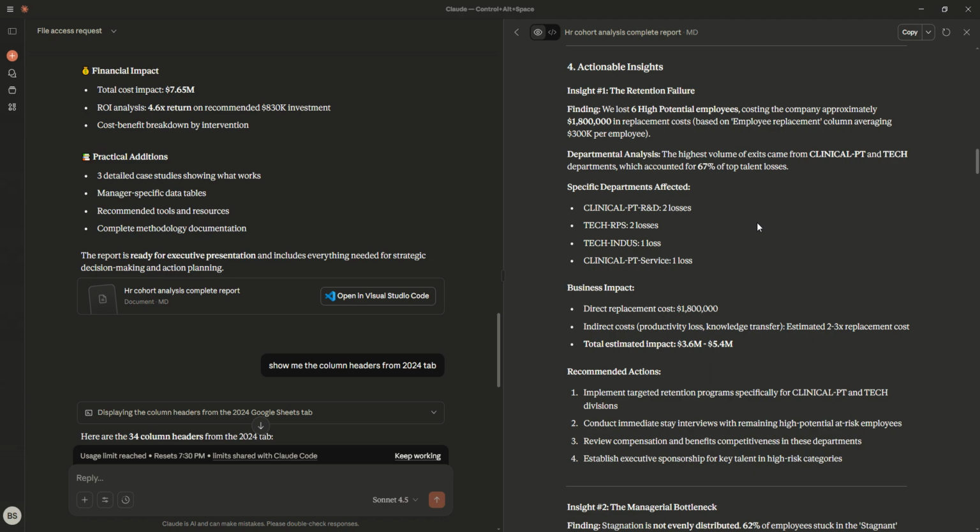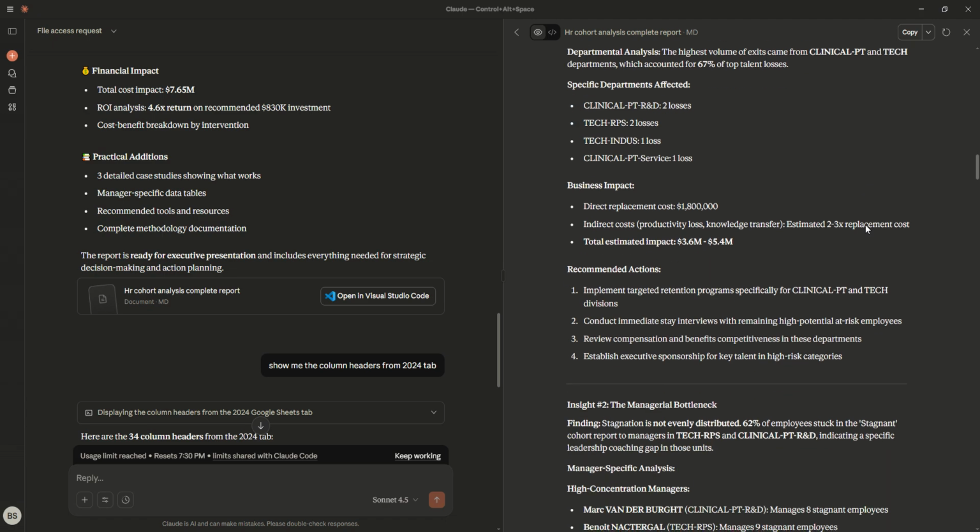We lost 6 high potential employees, costing the company approximately 1,800,000 in replacement cost, based on the employee replacement column, averaging 300k dollars per employee. Here you can see the departmental analysis. The highest volume of exits came from clinical PT and tech departments, which account for 67% of the top talent losses.